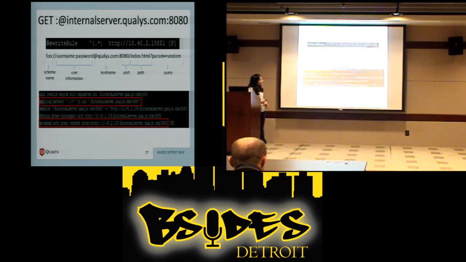What happens here is that we are back to our original example. The port has now been removed. When we try to request :@internalserver.qualys.com and followed by the port 8080, it's going to match the URI, and the URI is going to be assigned to $1, and your final request is going to be 10.40.2.158:@internalserver.qualys.com.